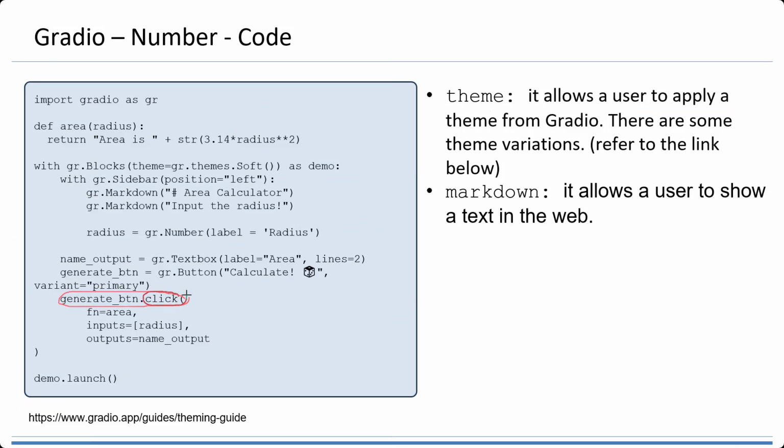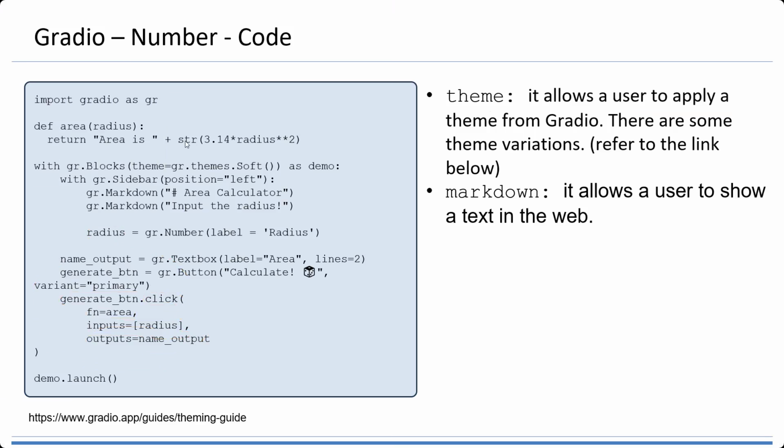Once we click the button, you can do like what you did on the interface. We have the function, which is the area, and we have the input, which is the radius, and we have the output. So the output will be shown in the name output.